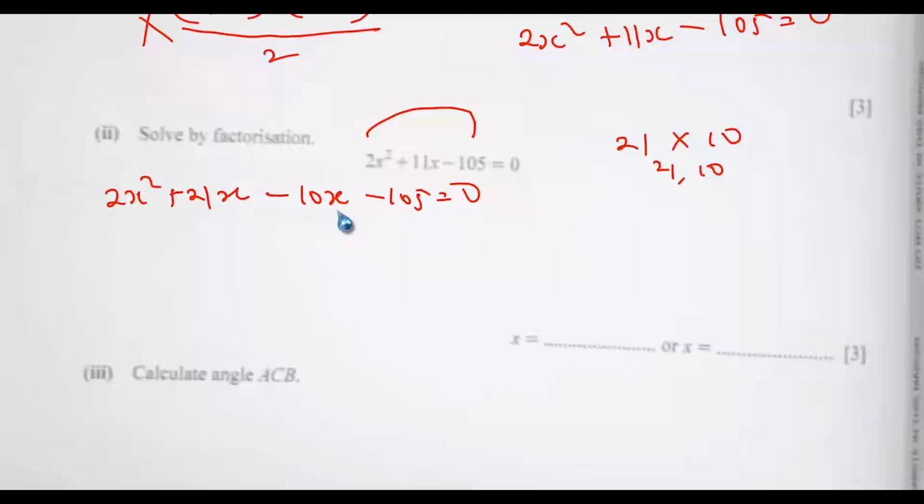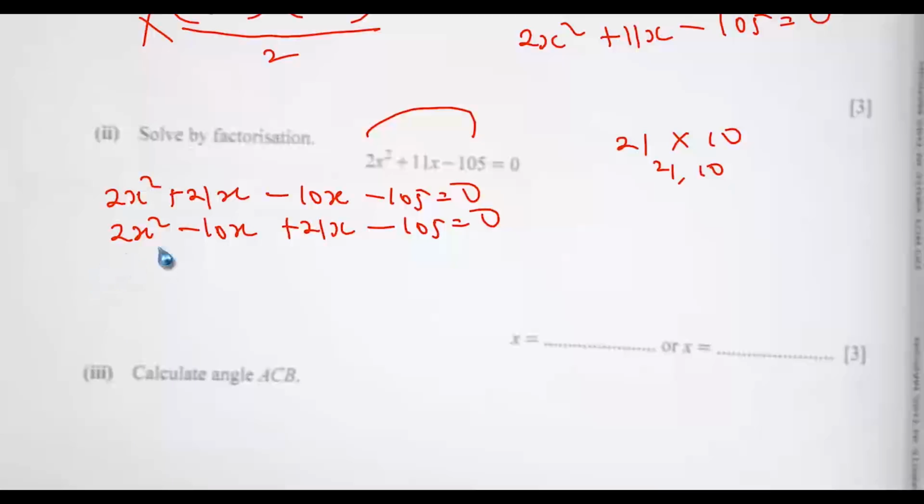We can rearrange this so that 2x squared and negative 10x will be together, because 2 can go into 2, and then 21x and negative 105 will be together. So this will be 2x squared minus 10x plus 21x minus 105 equals 0.